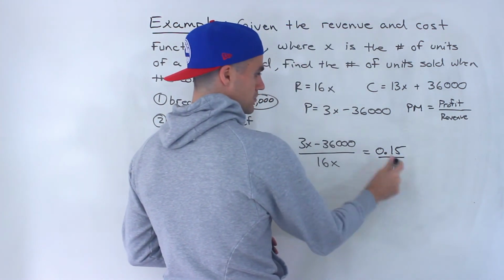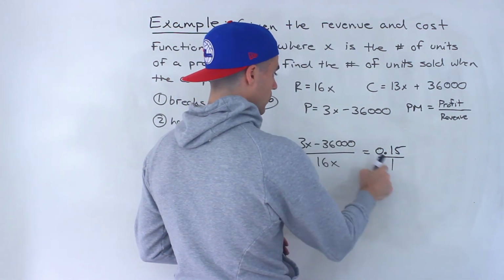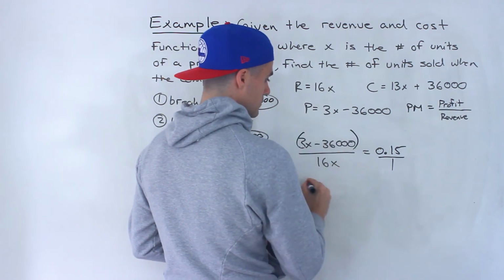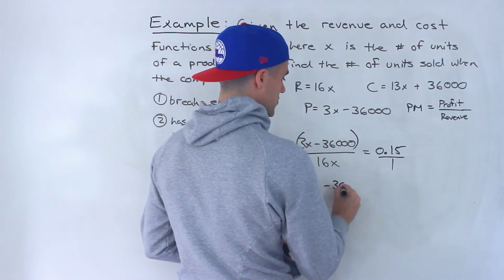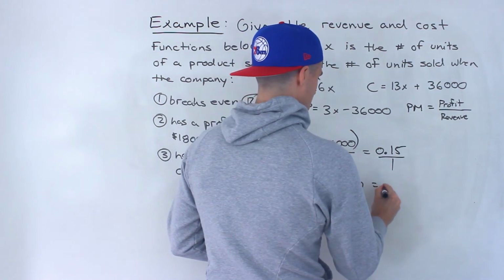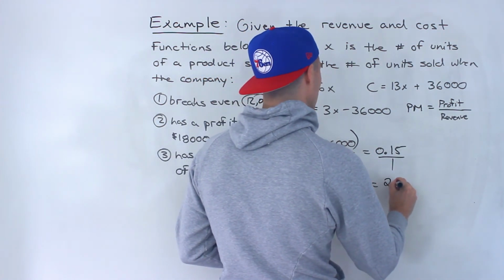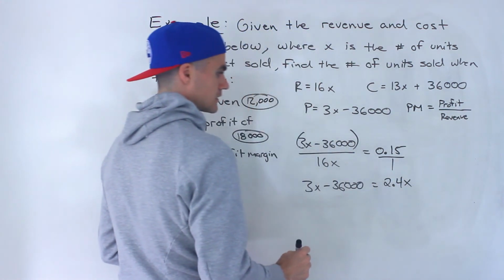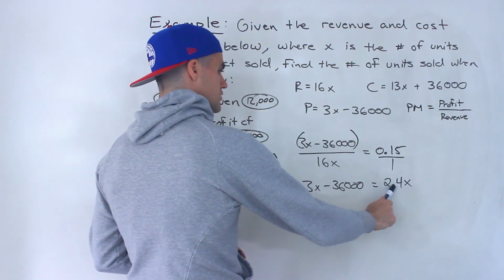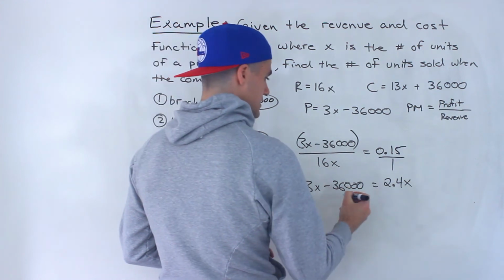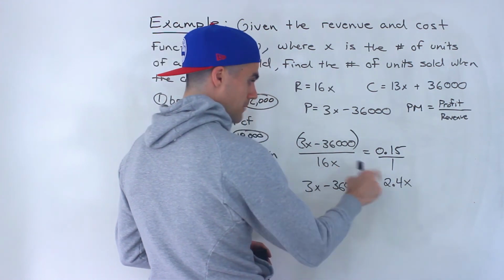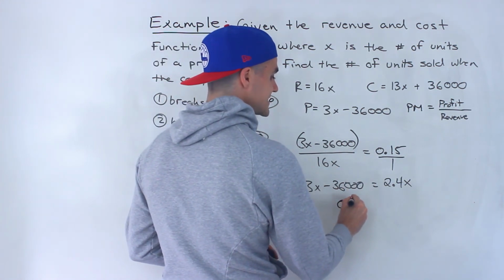What we can do is put this over 1 and cross multiply. So 1 times this whole expression would just leave that whole expression. And then 16 times 0.15 would give us 2.4, and that's going to be x. Bring the 2.4x over, bring the negative 36,000 over. So 3x minus 2.4x would give us 0.6x.